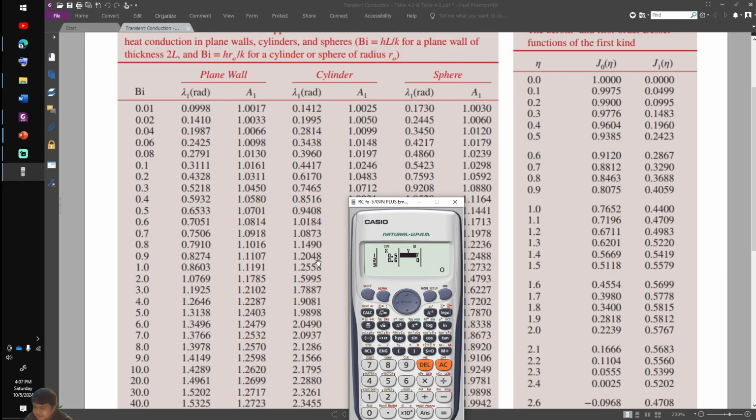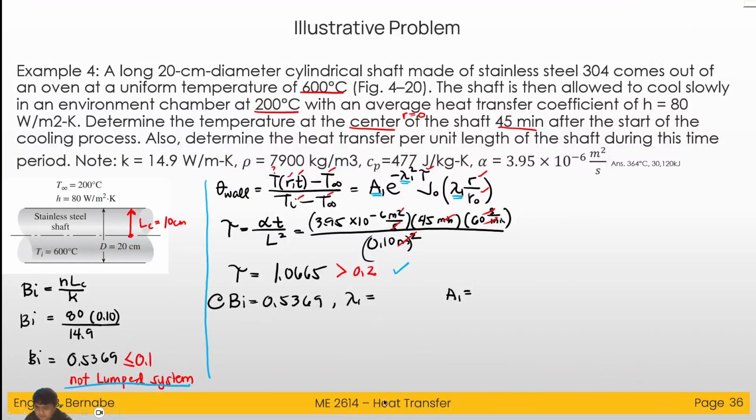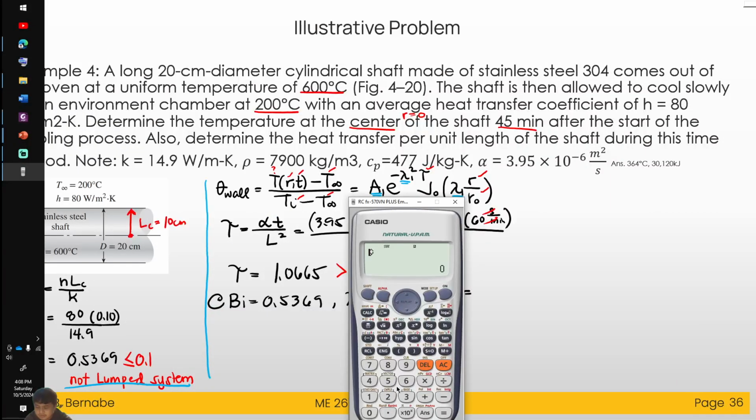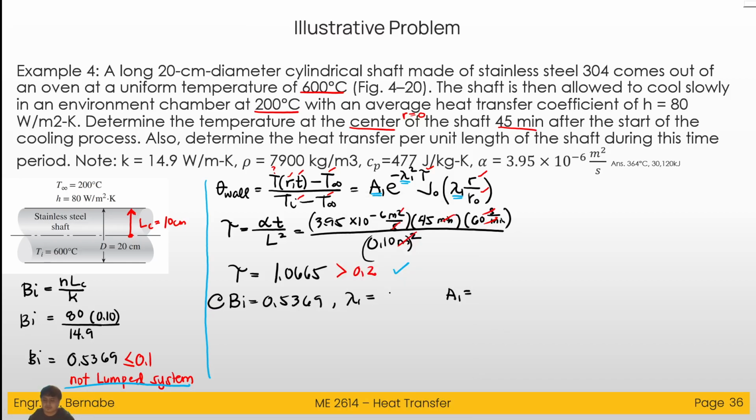Then 0.9408 and 1.0184. And then shift 155, and the value is 0.5369. So 0.9694.